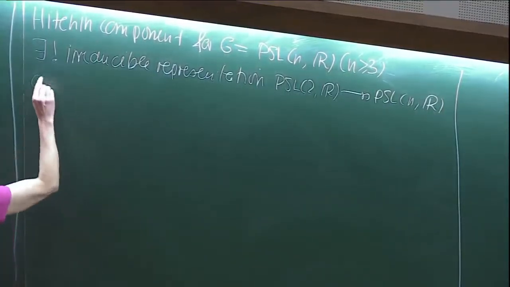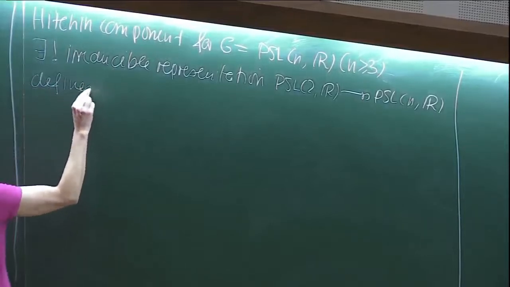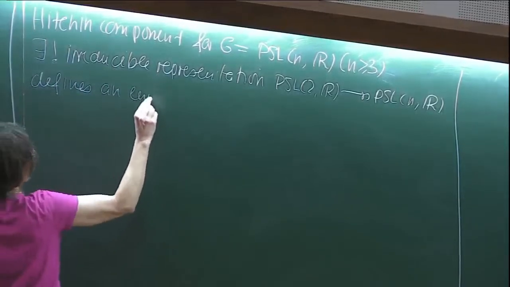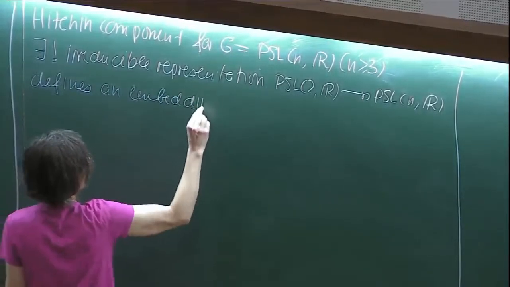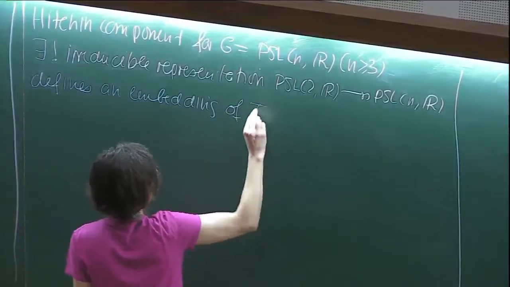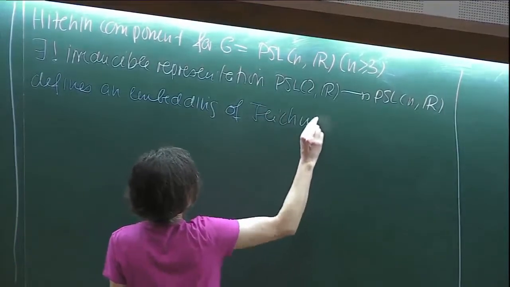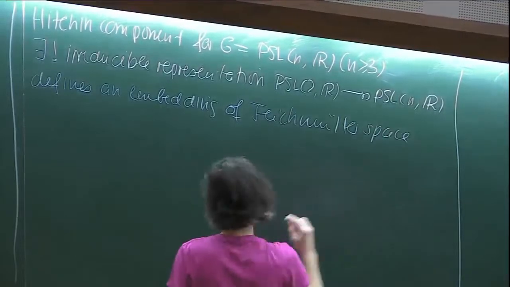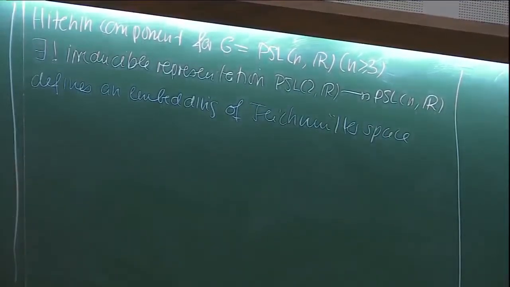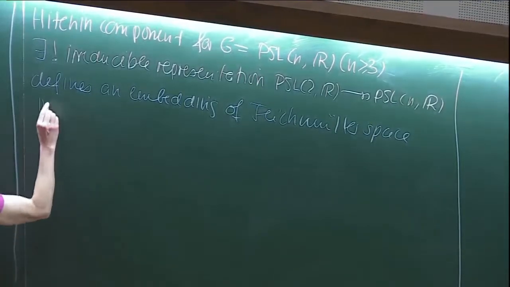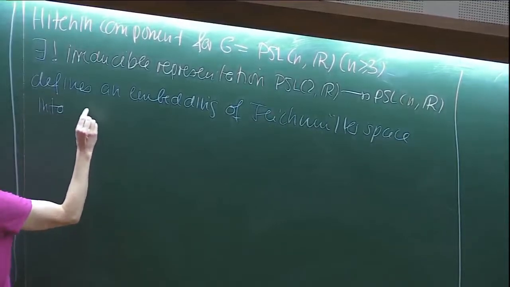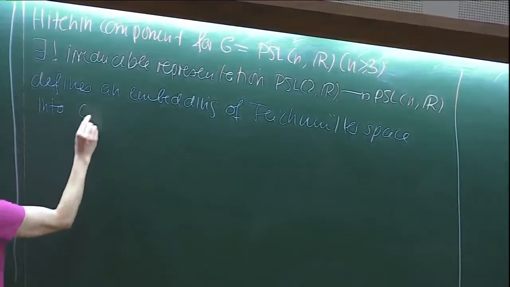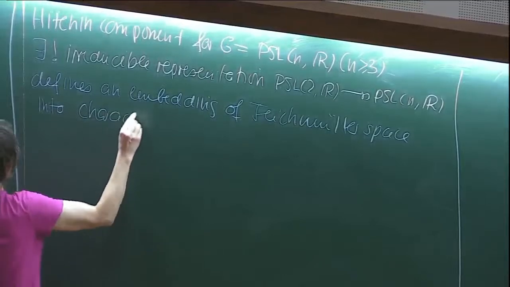So this defines an embedding of Teichmüller space, which is a space of all discrete faithful representations of gamma into PSL(2, R) up to conjugation, into the character variety.